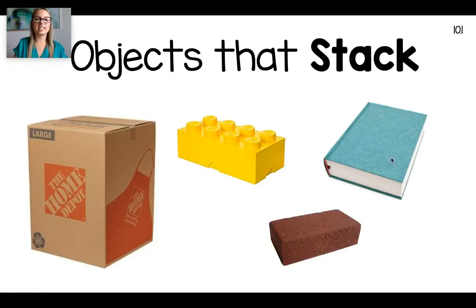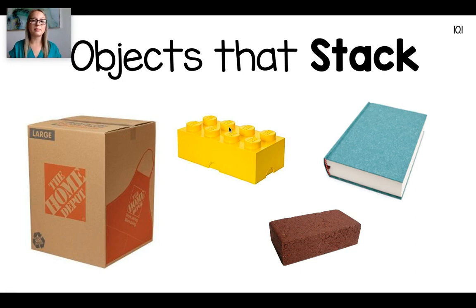Here are some real life objects that stack. A big box. If I put a box and then stacked another box on top, that is stacking, right? Ooh, this one here. You should know this. These are Legos, right? Sometimes we use this for STEM, right?